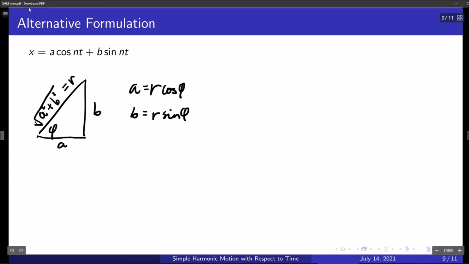So if we substitute back into this original equation, the auxiliary equation again, we end up with x equals R cosine phi cosine nt plus R sine phi sine nt.